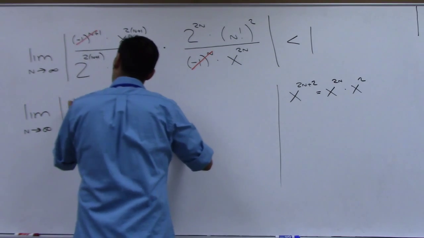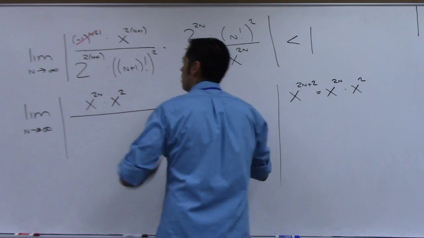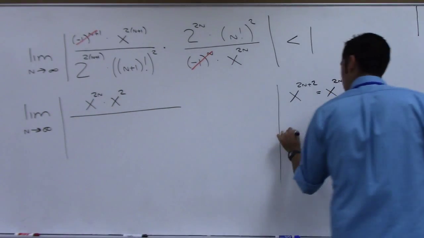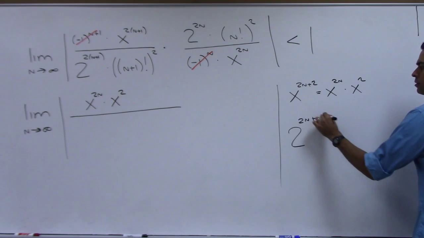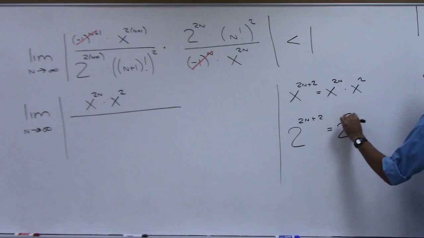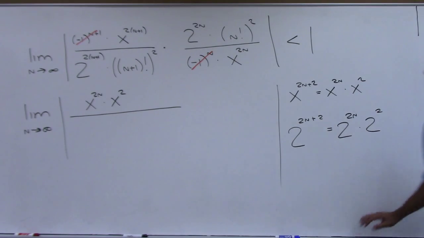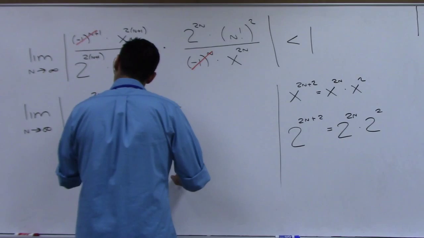This top is x to the 2n times x squared over, how about this 2 to the 2n plus 1? That I could rewrite as 2 to the 2n plus 2, which is 2 to the 2n times 2 to the 2.